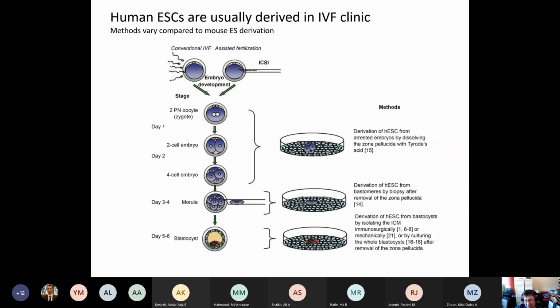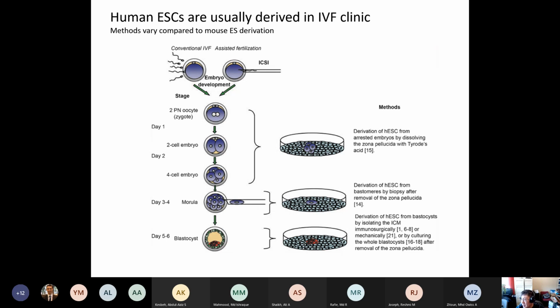So this is purely done. The isolation of human embryonic stem cell is done in the in vitro fertilization clinic. The couples have difficulty in conceiving a baby, so they go to the clinic, they donate eggs and sperm, and then you do an in vitro fertilization. Basically, you put the sperm into the egg mechanically or some other ways.